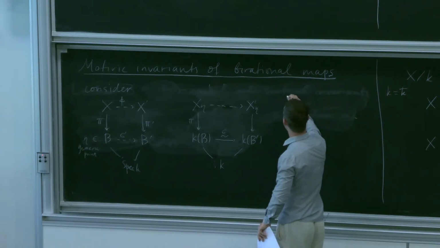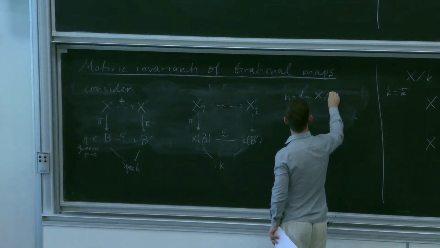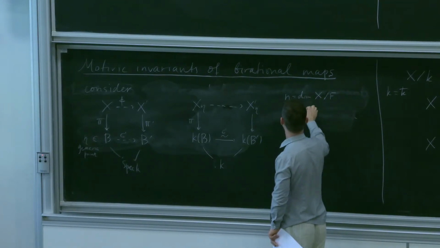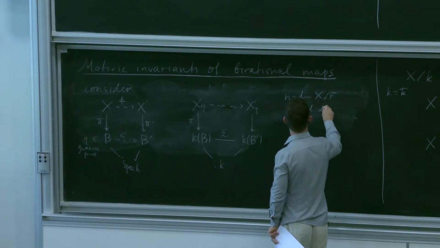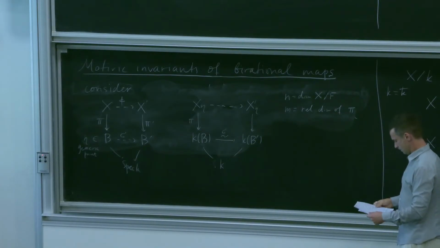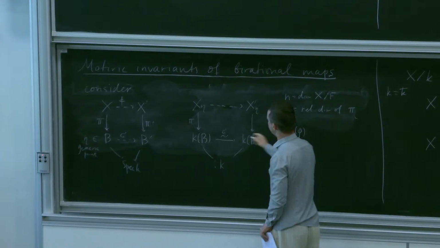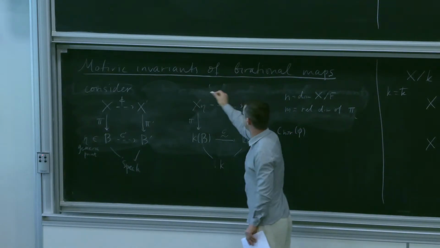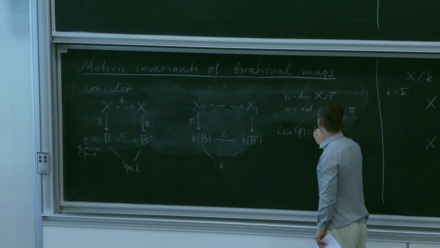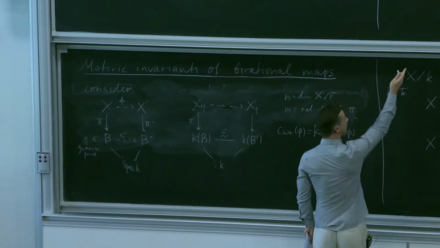Okay, and as before, let's say n is the dimension of X over F, so just the dimension of X, and m is the relative dimension of pi and pi prime. So I define the horizontal invariant of my original birational map phi as a restriction of scalars for this thing introduced earlier.